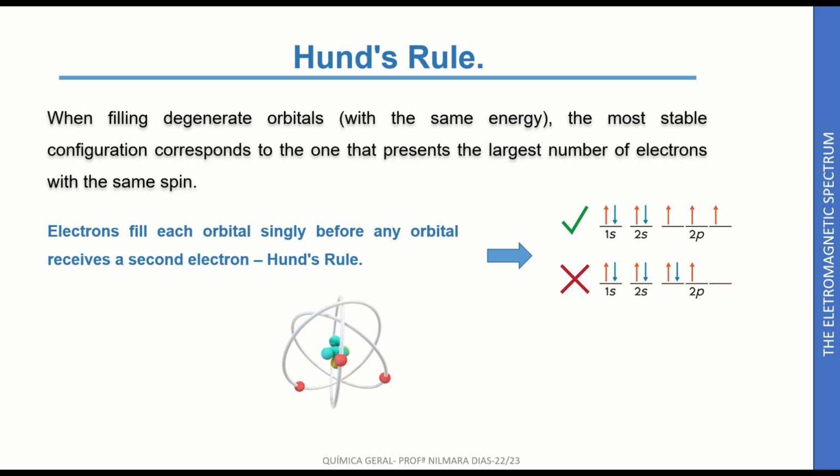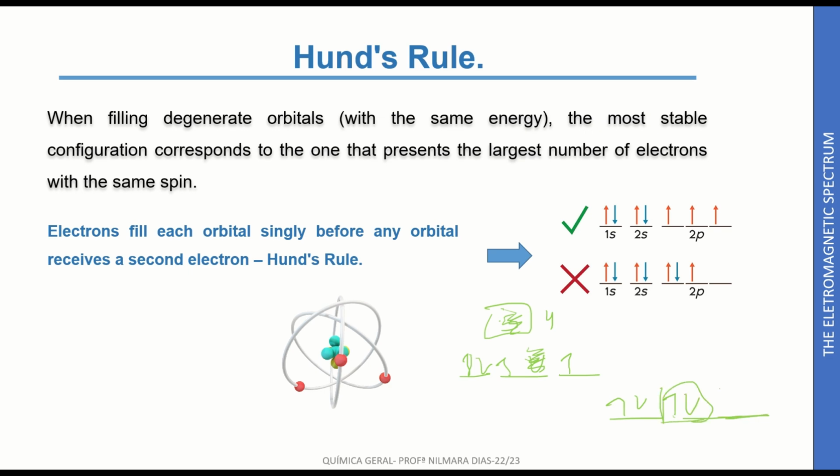So if I have 5 electrons to fill out these orbitals, I'm going to have 1, 2, 3, 4, 5. I cannot do 1, 2, and then 3, 4, and leave one blank by itself.